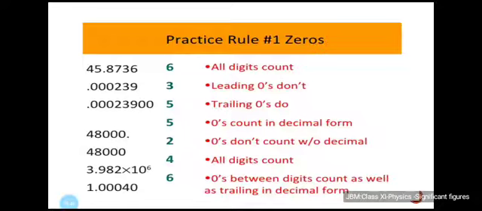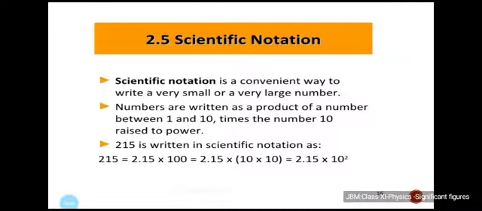So a very big number has been written in a certain way by expressing it in powers of 10. The same number could have been written in an expanded form, or say the very small number 0.000239900. Instead of writing it in this manner, we can count the number of digits and put it to the power of 10. So that is the scientific notation.